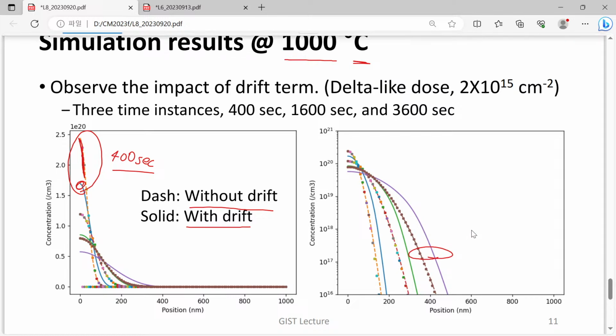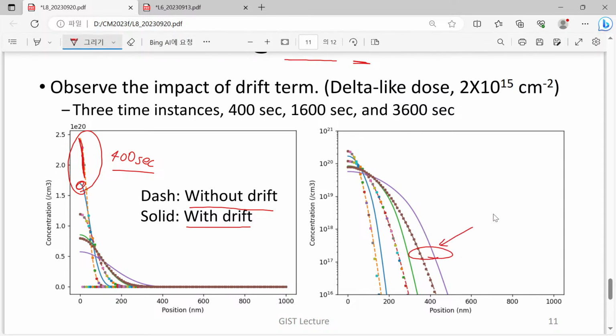These two graphs show once again a 1 hour long diffusion process. This symbol shows the case where we have no drift term, and this solid line shows the case where we have the drift term.